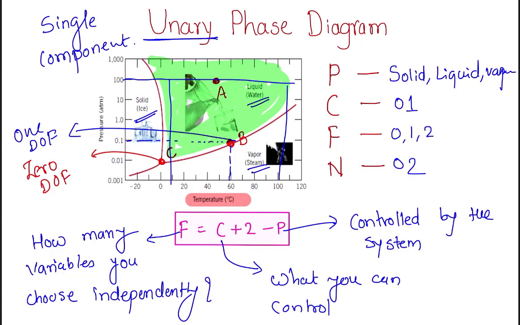So we are not sure about the temperature. Similarly, if I say my temperature is 100 degrees Celsius, the pressure can be 1 atmosphere to 1000 atmosphere, say. So to have a precise location, you should fix both parameters. That's why the degree of freedom is 2. So at this point, we have 2 degrees of freedom.